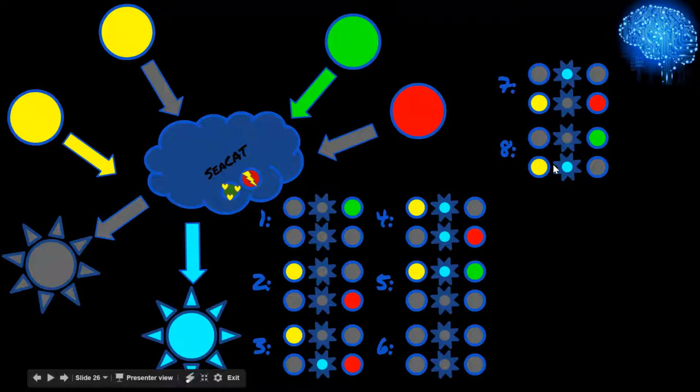Now, why did it turn on the correct light? Well, it knows that when an input is down and it's got both lights on, it gets punished. So it can assume when an input is down, both lights on, it's going to get punished. So it turns this one off.